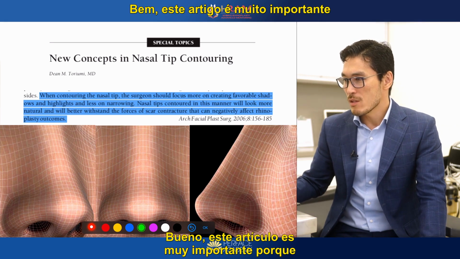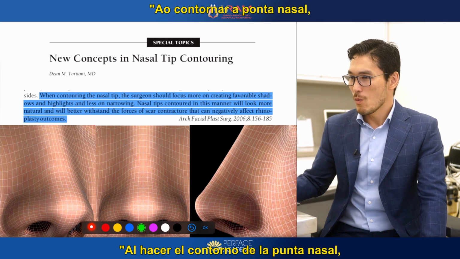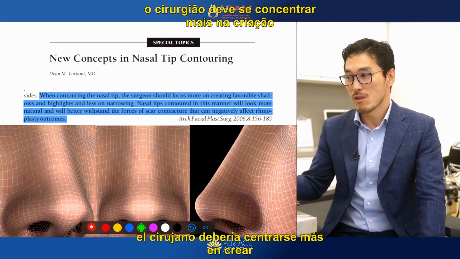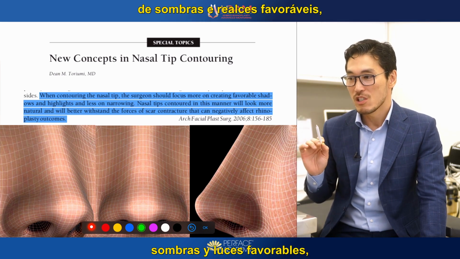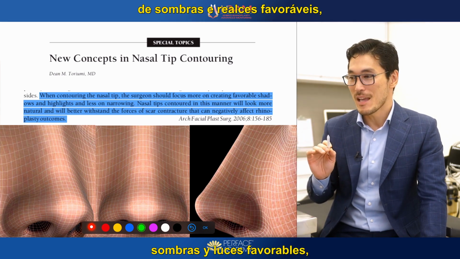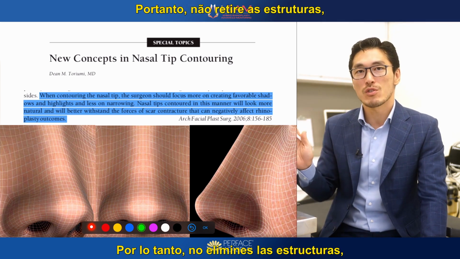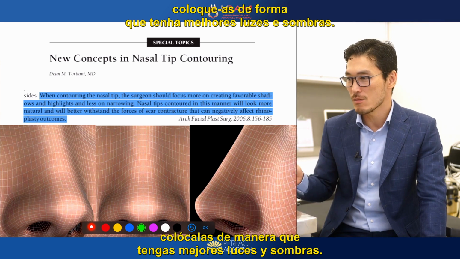Well, this article is very important because the interviewee said, when contouring the nasal tip, the surgeon should focus more on creating favorable shadows and highlights and less on narrowing. So don't remove structures, but position them in a way that you have better highlights and shadows.